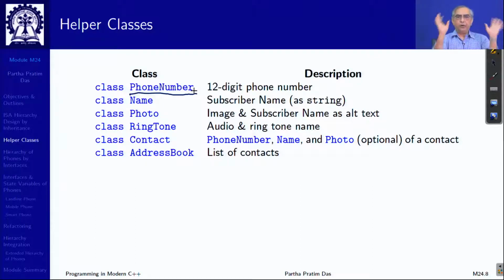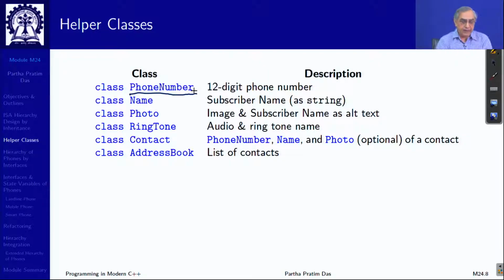You can have a lot of those, and in this current discussion we are not getting into these aspects of the design, because we are not going to do the design on the phone numbers, we are doing the design on the phones. So, we assume that there is some helper class called say phone number that has already been designed or will be designed. We can just have it as an incomplete class to start with, which can be used whenever I need a phone number.